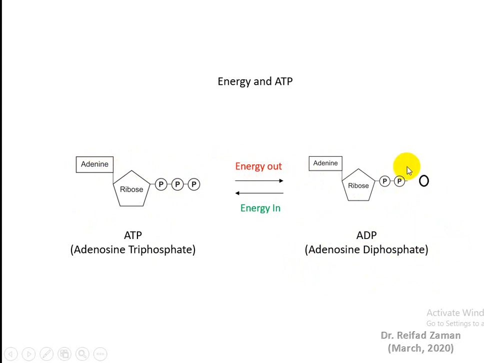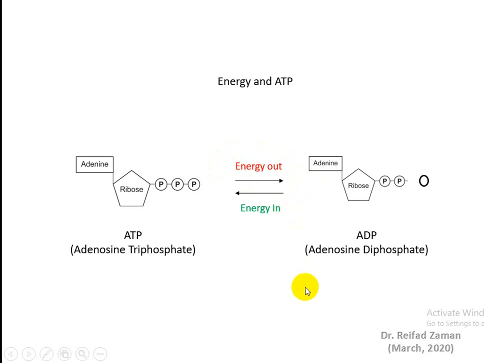Now this reaction is reversible. ATP can break down into ADP and phosphate. Again, ADP and phosphate can recombine to form ATP. When ATP breaks down to give ADP and phosphate, it releases energy.